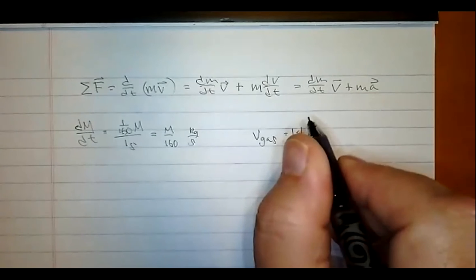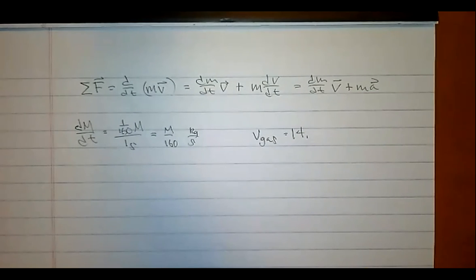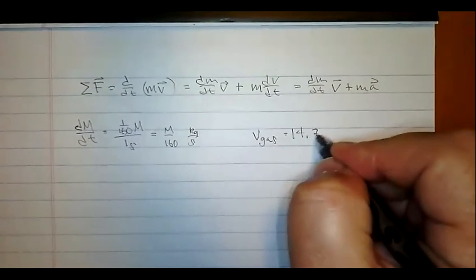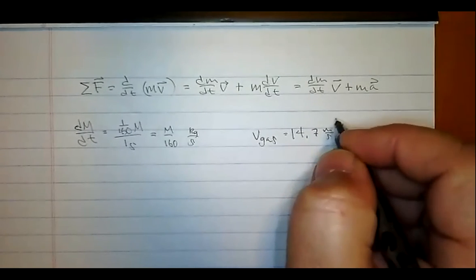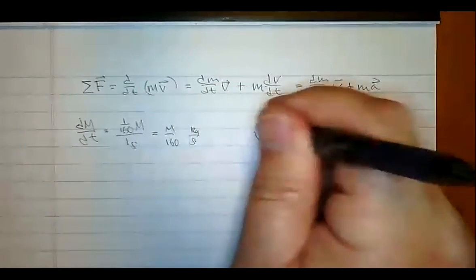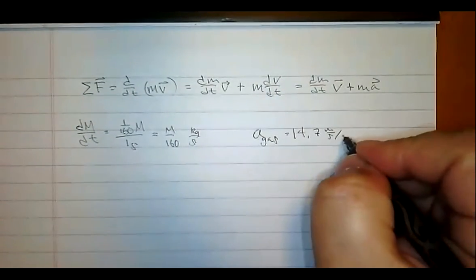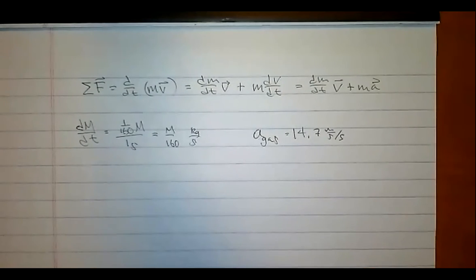Gotcha. And your 14.7, is that what you said the acceleration was in your problem? Yes, 14.7 meters per second squared, that's the acceleration experienced for the 1 second that it burns and loses that 1/160th over the course of the second.